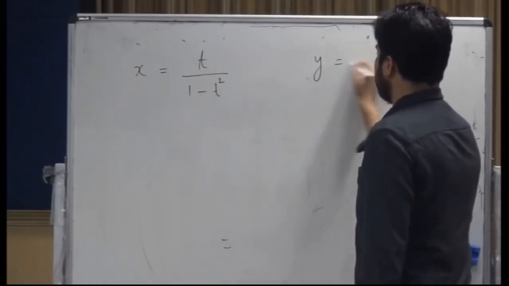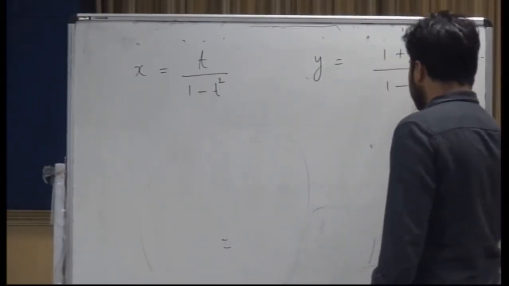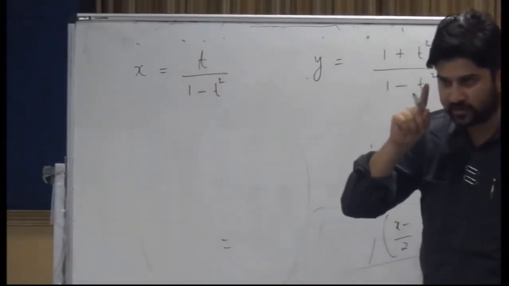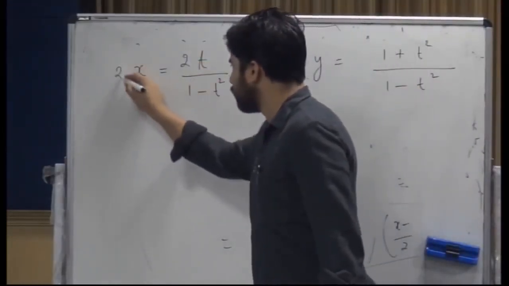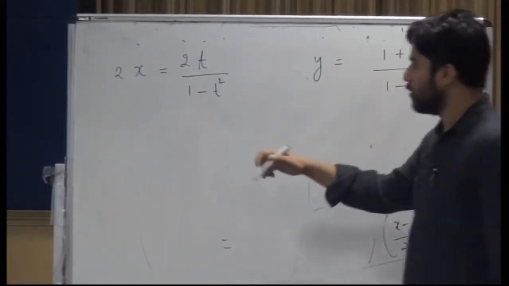And y is 1 plus t square upon 1 minus t square, right? You see straight away that something is missing, and that's 2. If something is missing, you can bring it, no? Right?